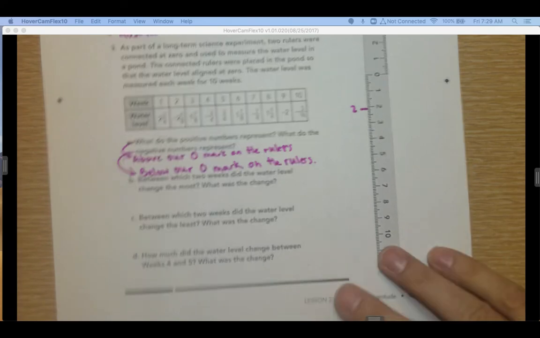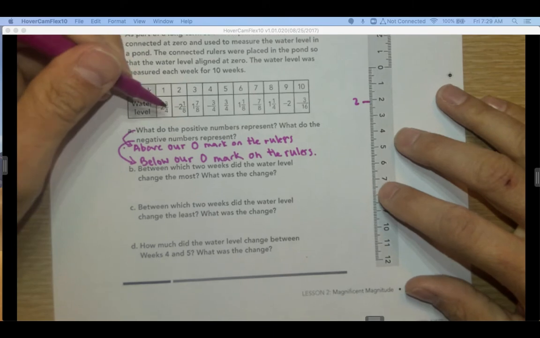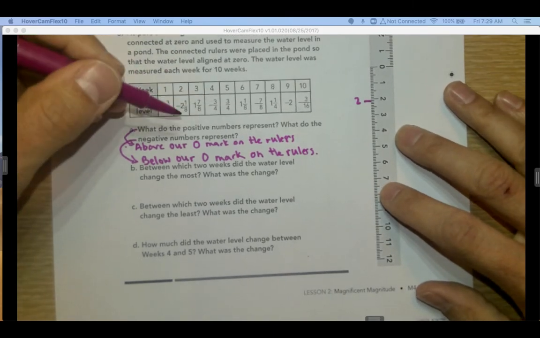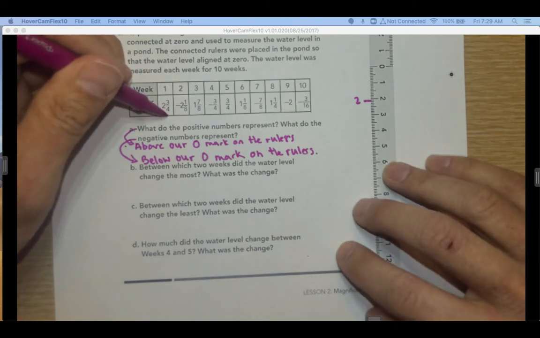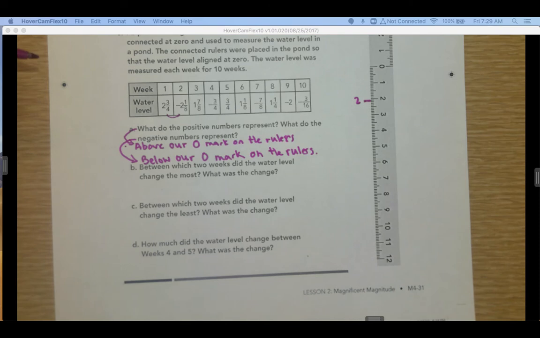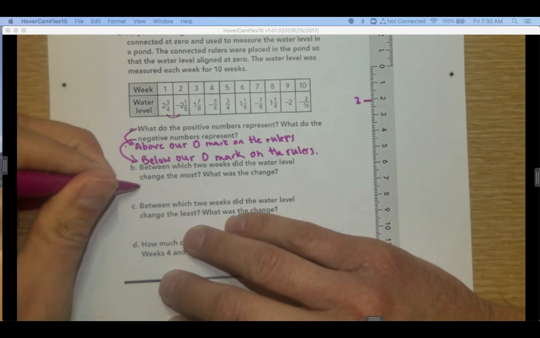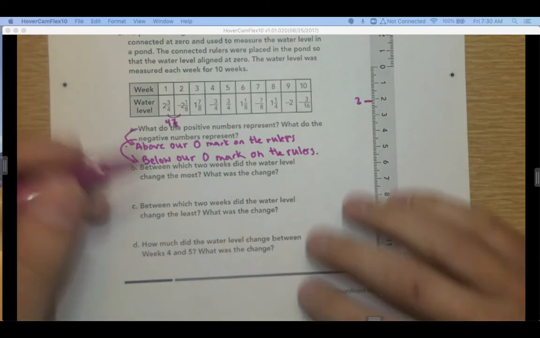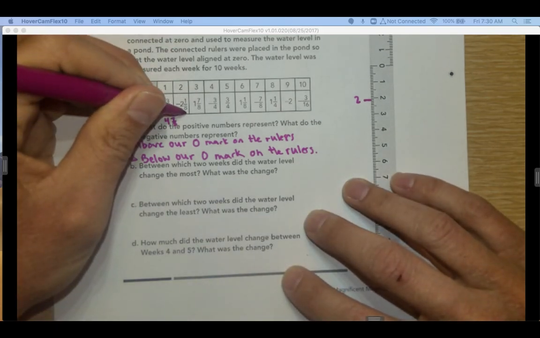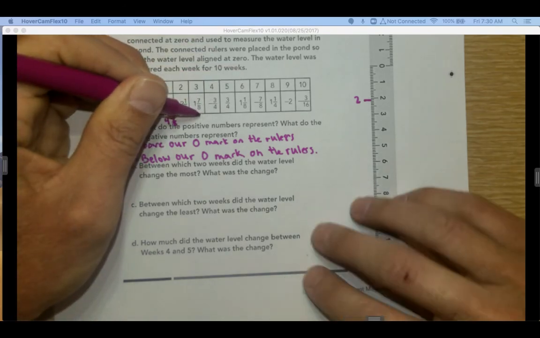Between which 2 weeks did the water level change the most? What was the change? So if I'm looking here, from here to here, that was 4 7/8. This would have been 3, 4. So not the 7/8. This would have been 2 something.